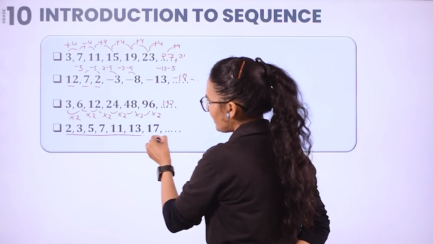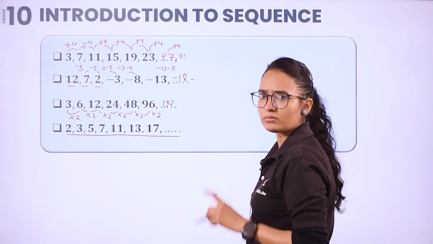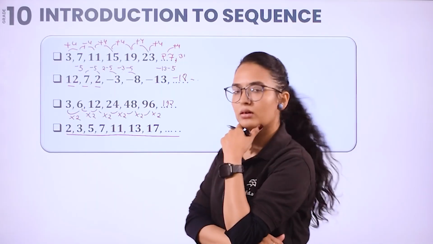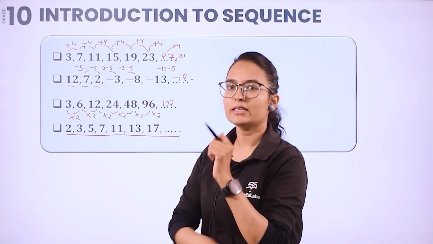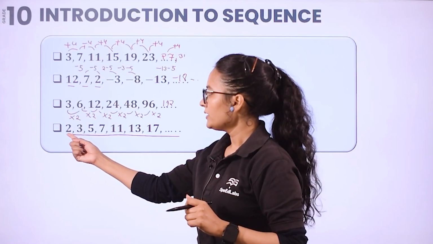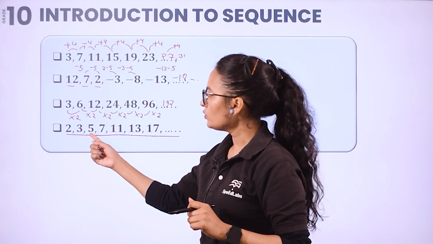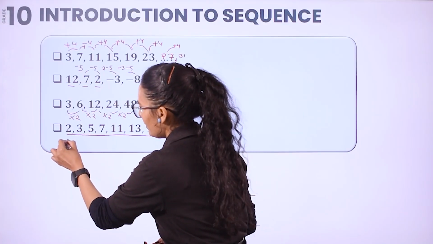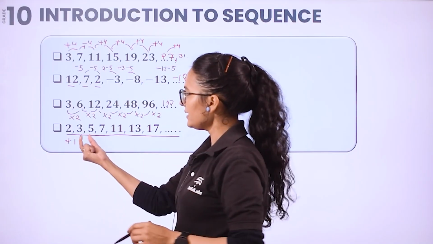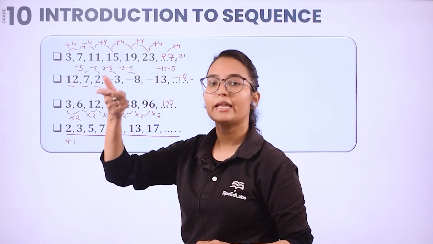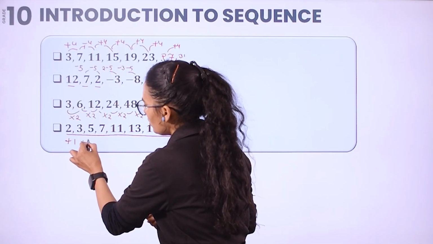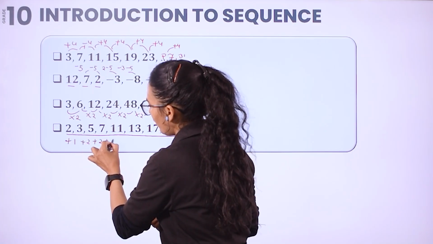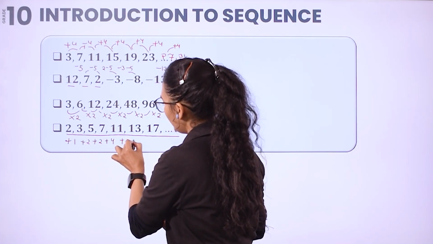2, 3, 5, 7, 11, 13, 17. What do we see? Any plus, minus, any number that is giving me the next term? No. See, 2 plus 1, 3 plus 2, again 5 plus 2. Because this is an increasing series, definitely I'll think in the plus direction. So it is plus 2 again, plus 4, then again plus 2, then again plus 4.